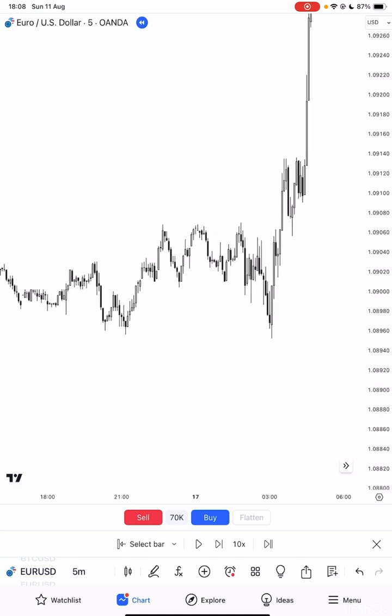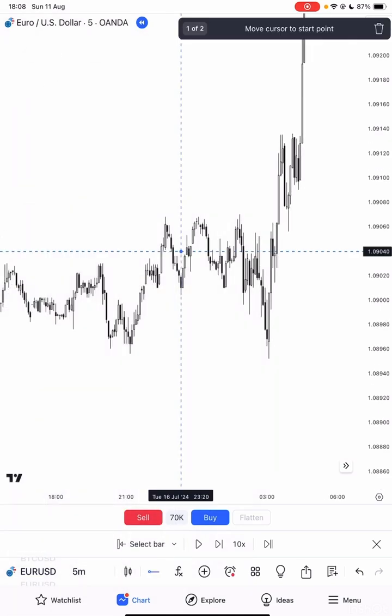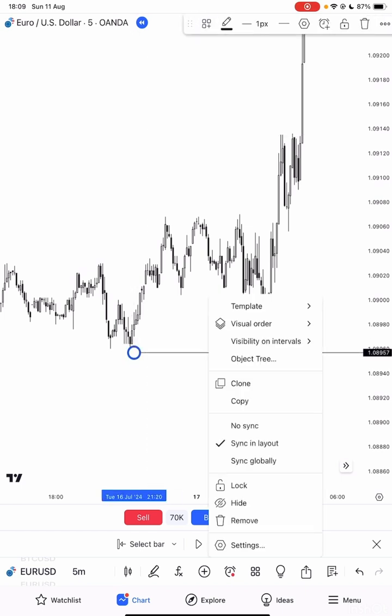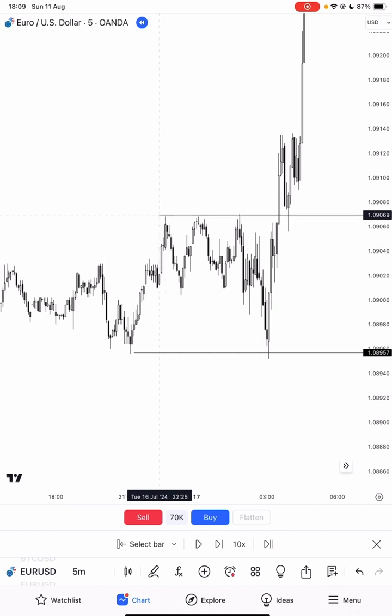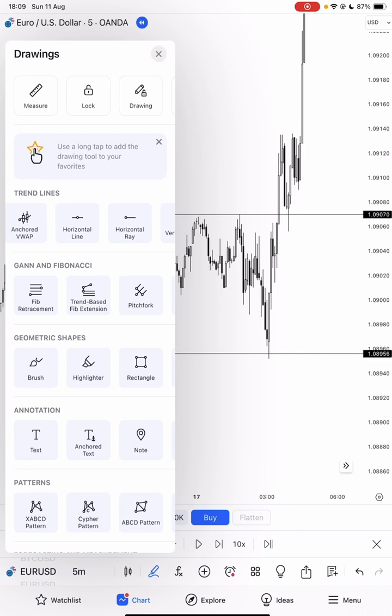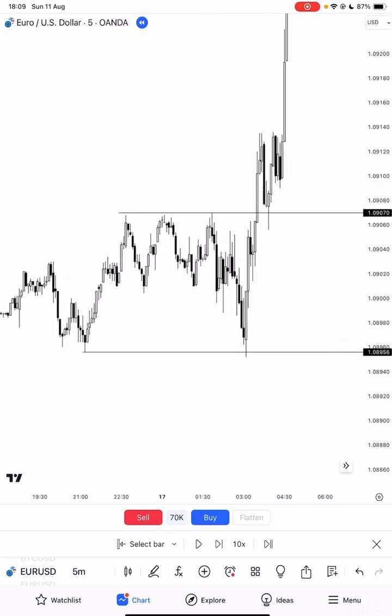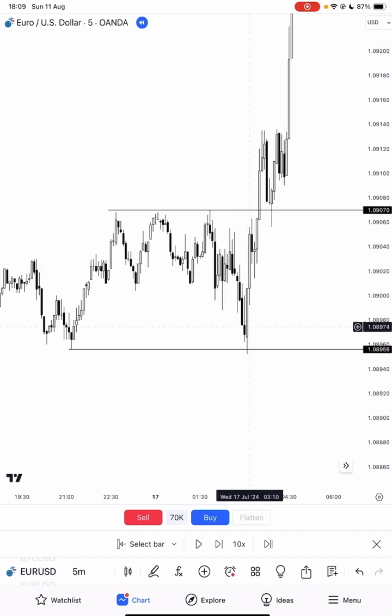So we have a clear and defined range. So we have a range, turtle soup trend, validation of the 50%, check, 50%, see, but also truly respected.